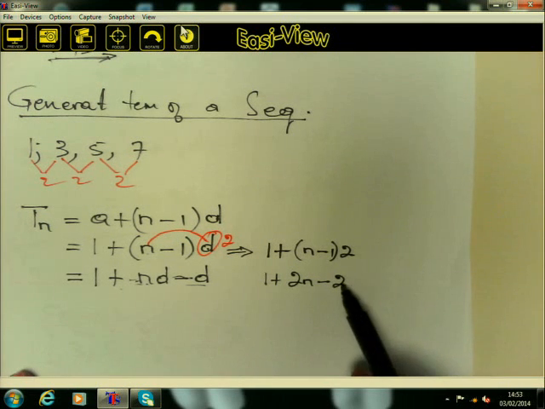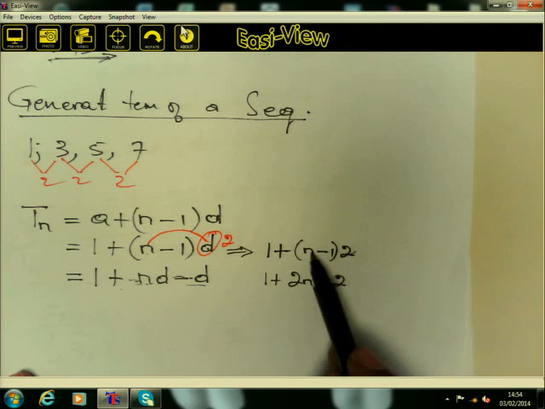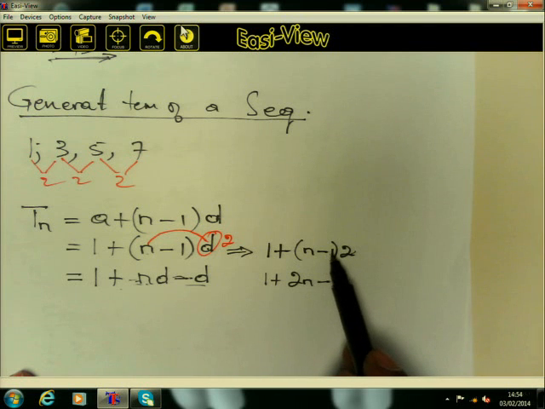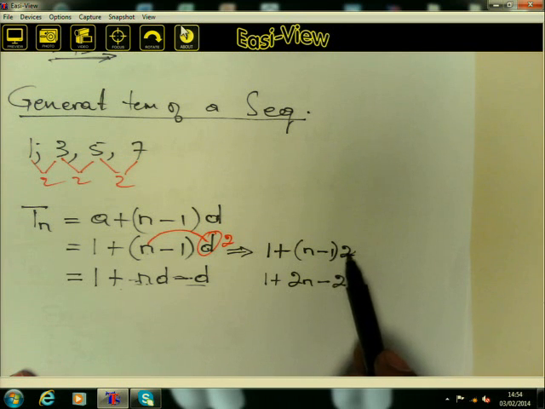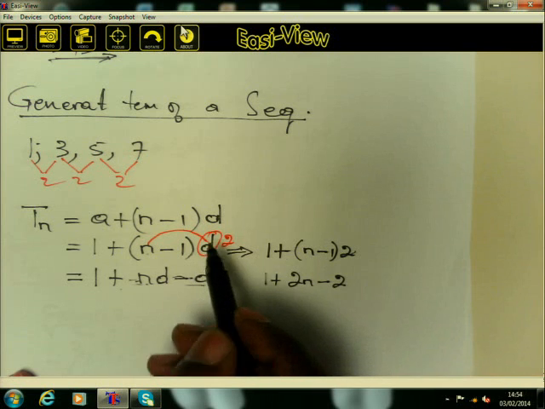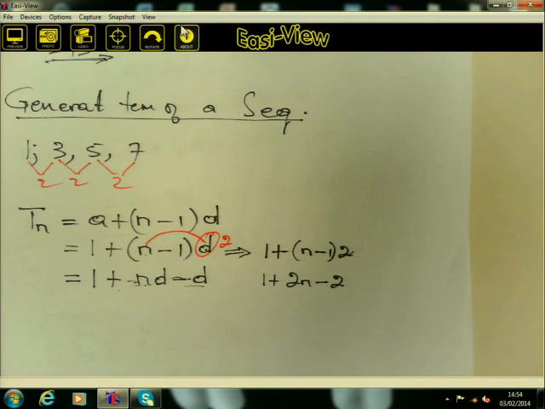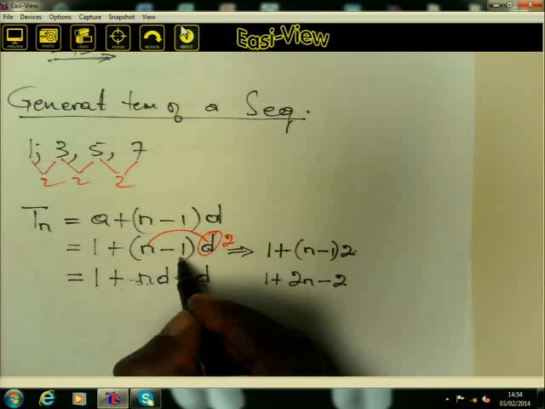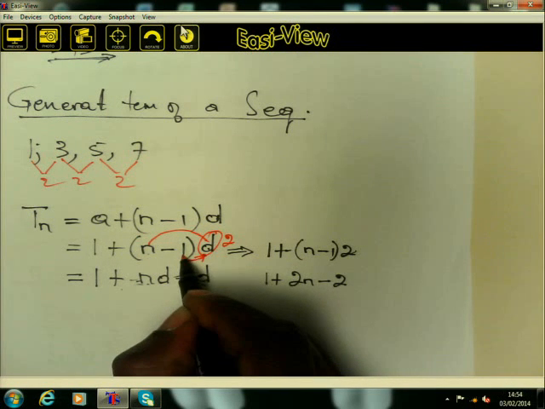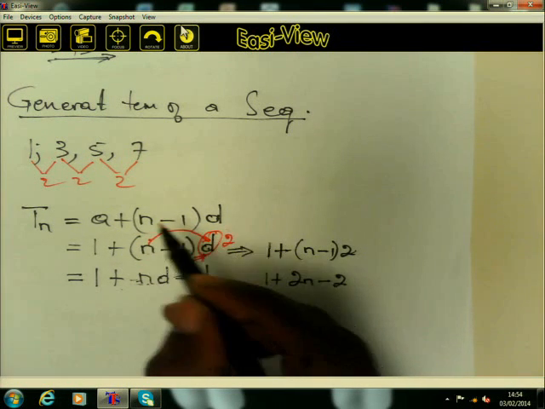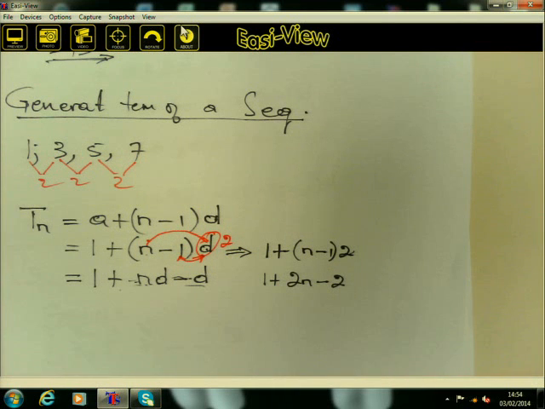We don't forget to multiply this, because most learners make the common mistake of multiplying this 2 with n and then forgetting the other term inside the bracket. Don't make that mistake. That is why I showed you that this one should multiply there, and then ultimately this one must also multiply there. Both of them that are inside the bracket must multiply the common difference.